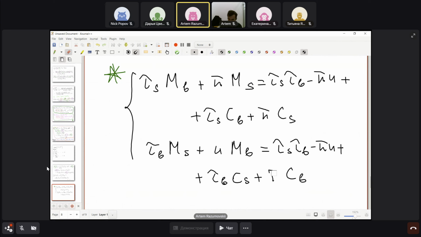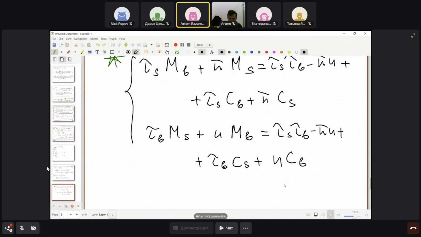Yeah, that's true. So that's our two equations. Probably let's try to subtract one from another. Or any other ideas?